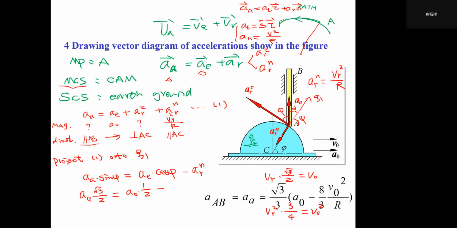And our ARN will equal what? So 4 V0 squared over 3 over R, right? So I think this should be the result.